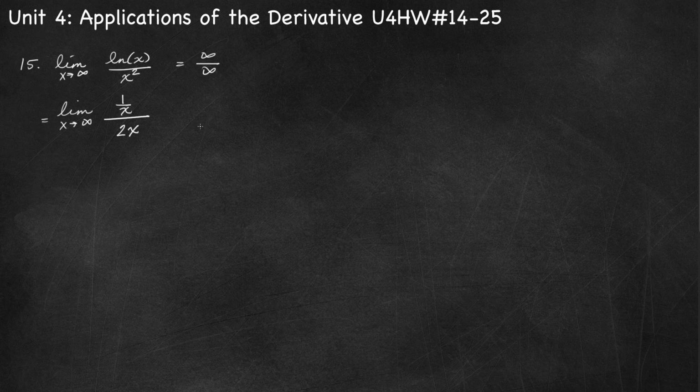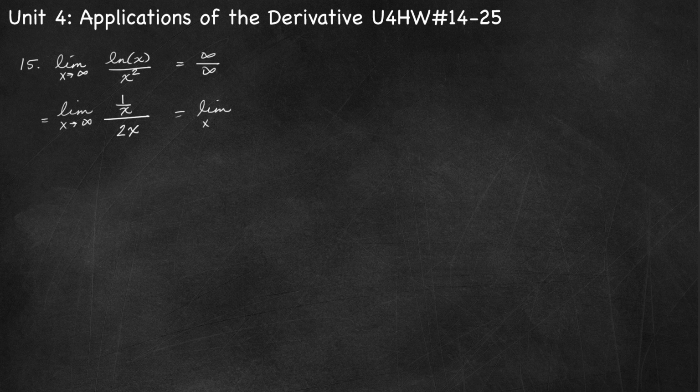And then I can try substitution again. If I try substitution here, 1 over an infinitely large number is approaching 0. So I would have 0 over infinity. 0 over infinity might seem a little confusing. Well, what if we simplified this algebraically?